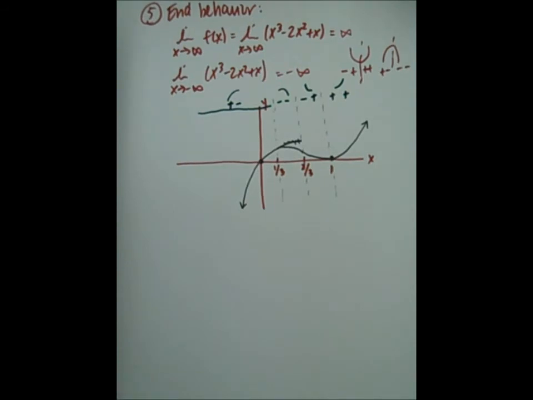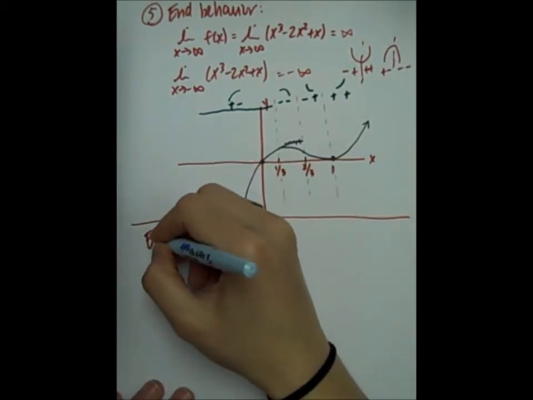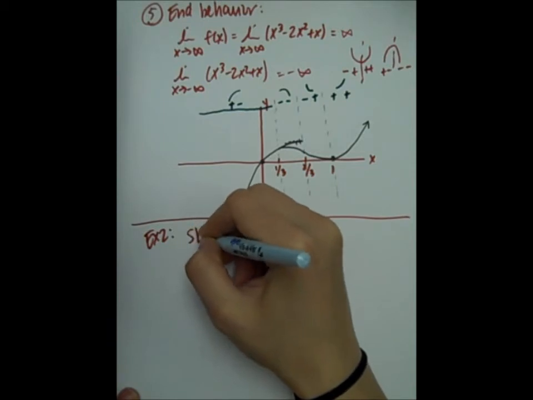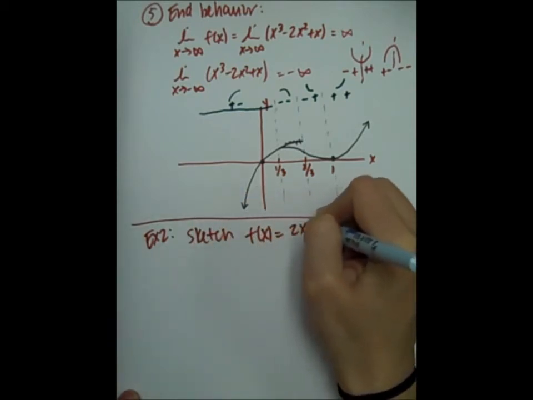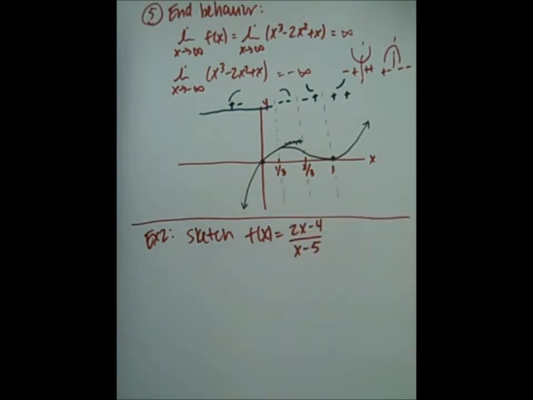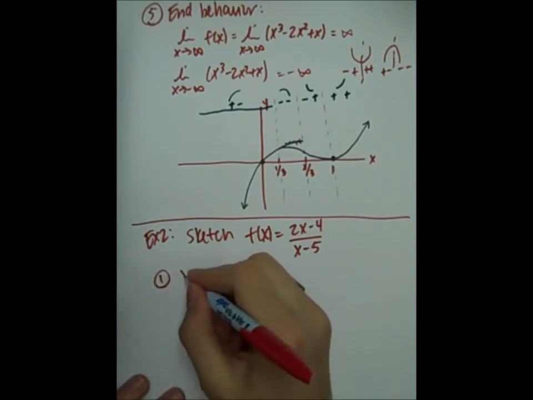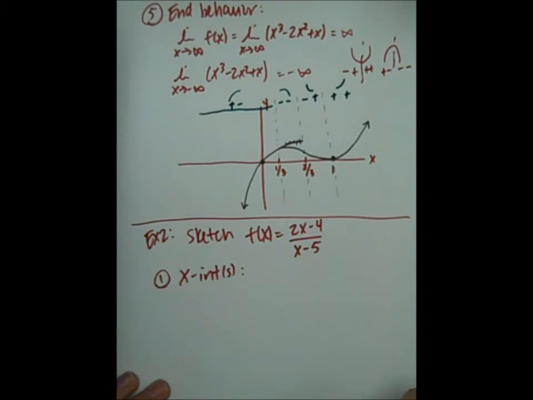Let's do another one, and I think it'll be probably a little bit easier this time. So example 2. Let's sketch f of x equals (2x minus 4) over (x minus 5). I'm going to go through the same process. First thing is find my x-intercept, or x-intercepts if there's more than one.